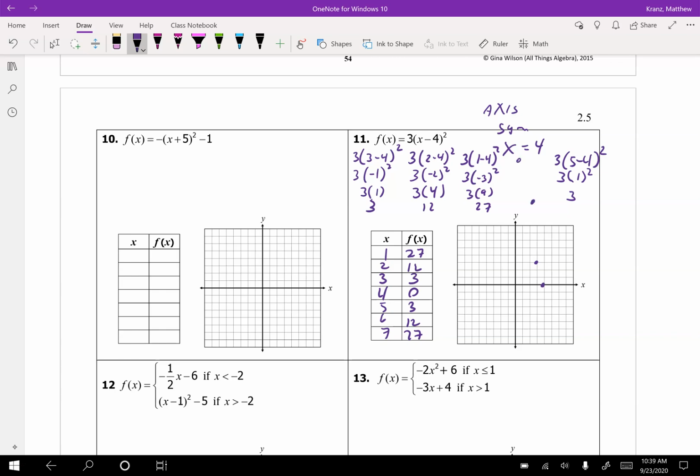And 1, 27 might be right there. And on the other side, the same thing is happening. And if you notice from graphing your other ones on the calculator, on Desmos, like I said, you'll notice that when this number is bigger, greater than 1, the parabola gets very narrow. When it's less than 1, then it gets wider.